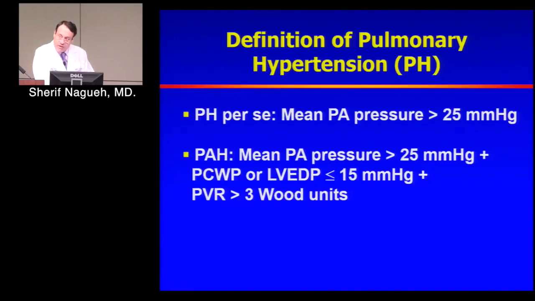Echo can be very optimistic in several cases, and the current guidelines for pulmonary hypertension look upon echo as a screening tool, not as a definitive tool to make the diagnosis or even look at changes in response to disease-modifying drugs.